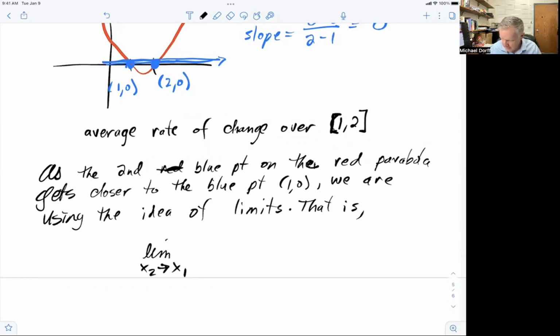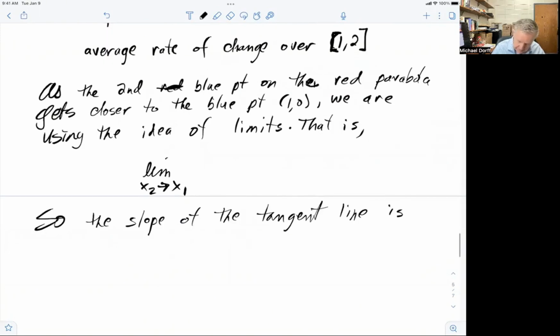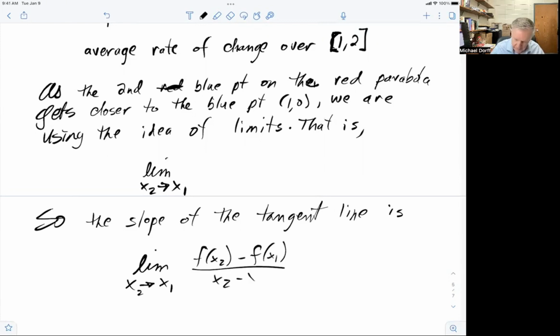Applying that to the slope, the slope of the tangent line, the one we were trying to find in the original problem, is the limit as x2 approaches x1 of f of x2 minus f of x1 over x2 minus x1.